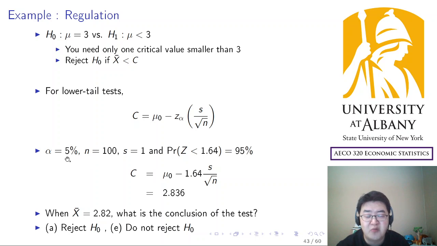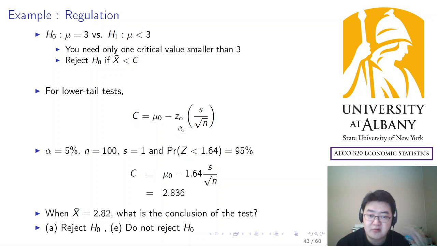If you use the 5% significance level, you have to use 1.64 because it is one tail. This is the top 5% value. But previously, we used 1.96, which was the top 2.5% value. So 1.96 was used for confidence intervals and two-tail tests, but now you have to use 1.64.